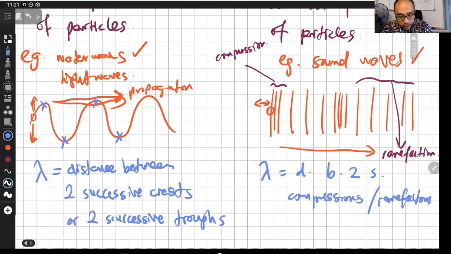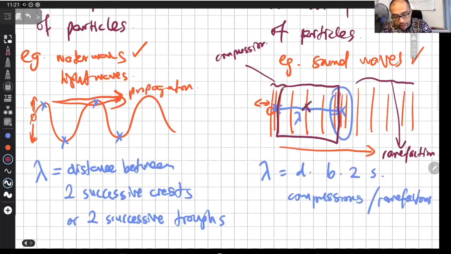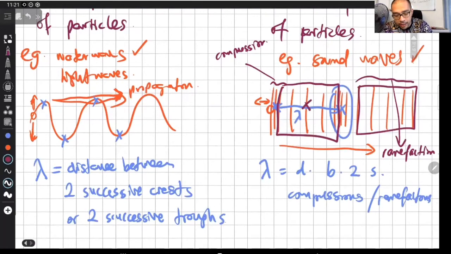So for example, in this compression, this is the center. In this compression, this is the center. So this is the wavelength. Or in this rarefaction, this is the center, and in this rarefaction, roughly, this is the center. So this is the wavelength. Two successive compressions or two successive rarefactions.